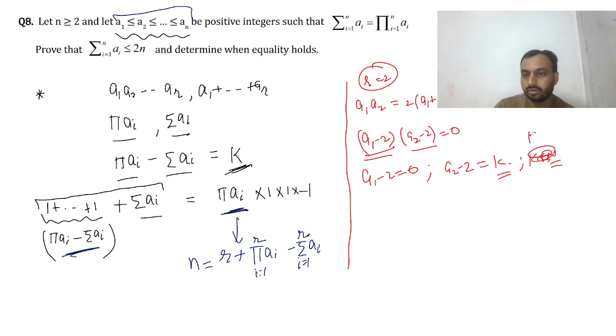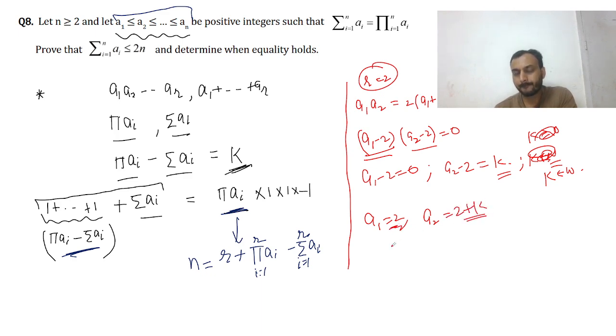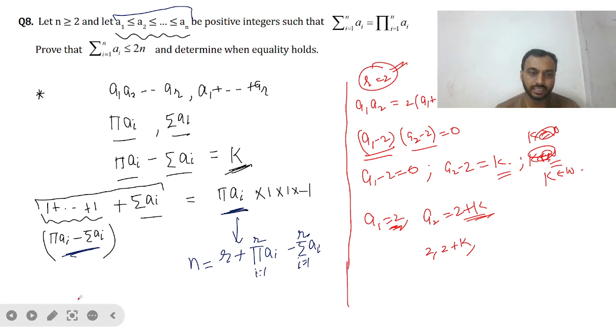k is greater than or equal to 0, we can say, and k is a whole number. So a1 is 2, and we can say a2 is 2 plus k. So I think that can justify our equality, that if we have two non-zero numbers, 2 and 2 plus k, and the remaining numbers definitely be 1, in that case you will always get equality.